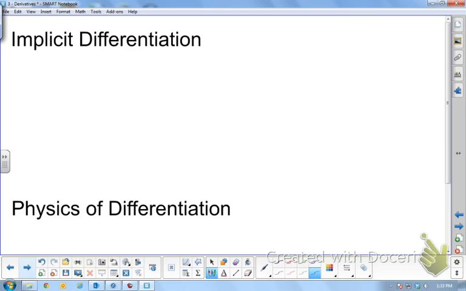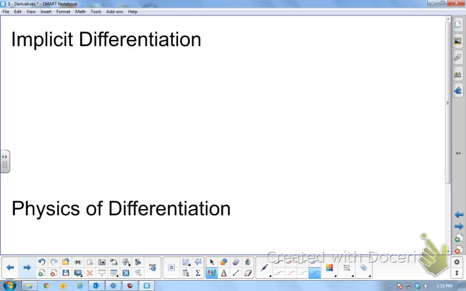So also with differentiation, we've talked about implicit differentiation, which we used in related rates, which is just word problems involving implicit differentiation, and the physics of differentiation. So implicit differentiation, why do we ever use it? What's the purpose? So we can derive when we can't get y alone.